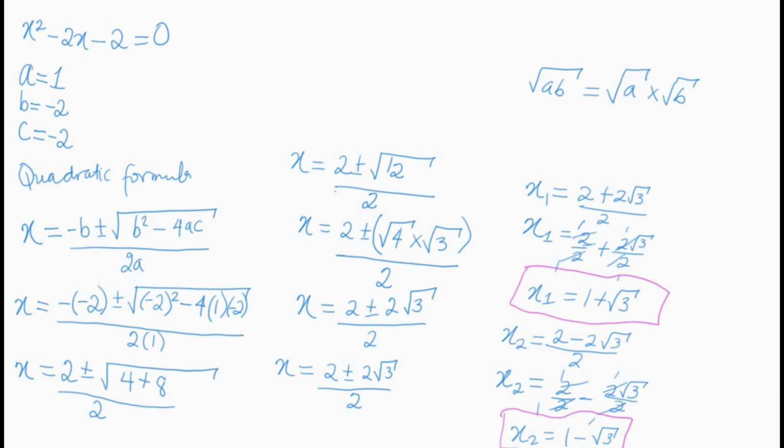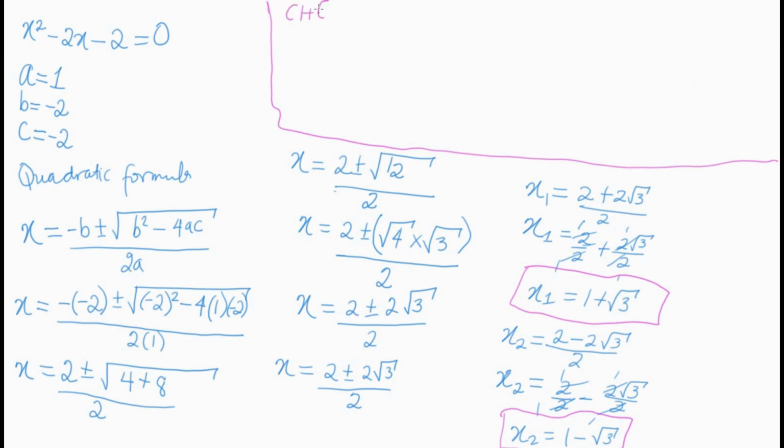So now we can also do the check. So we're going to do the check right here. So this is the check. And the first one we're going to pick is x sub 1, which is 1 plus root 3.